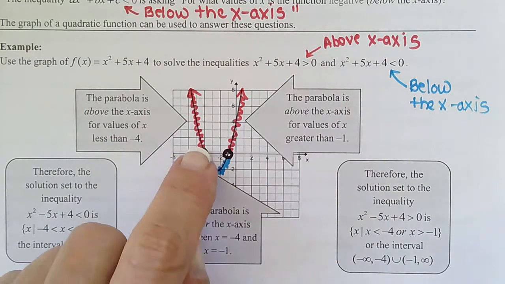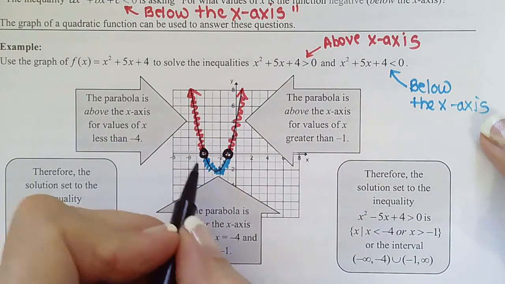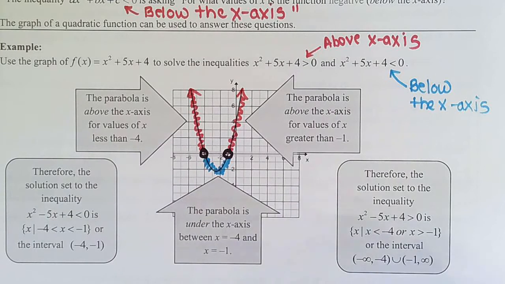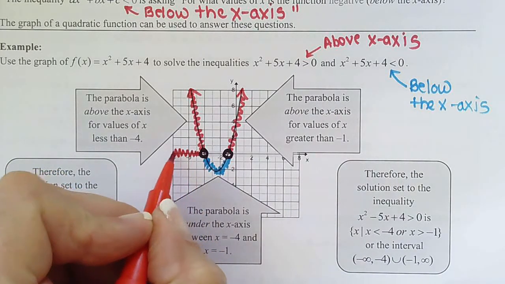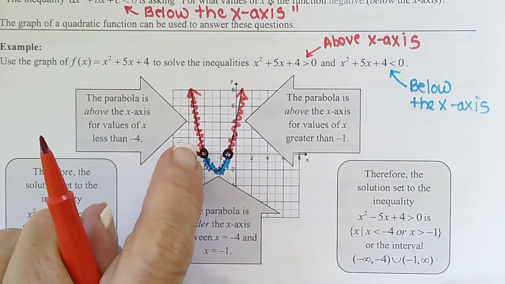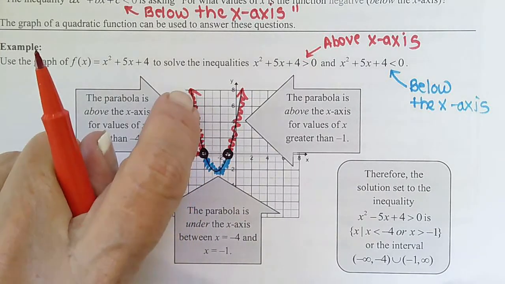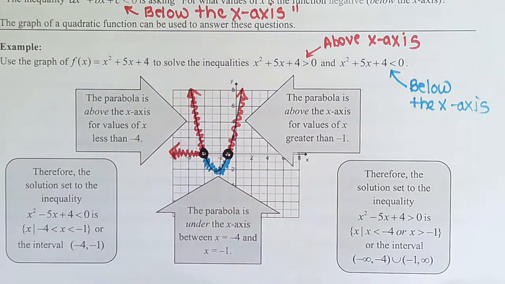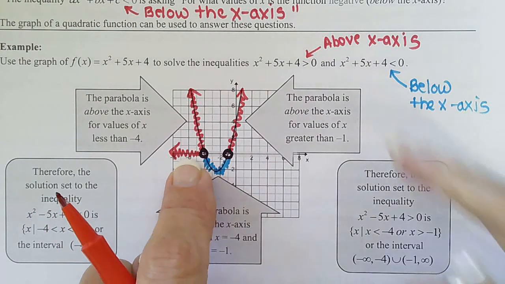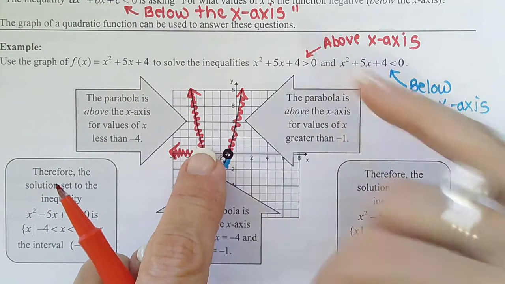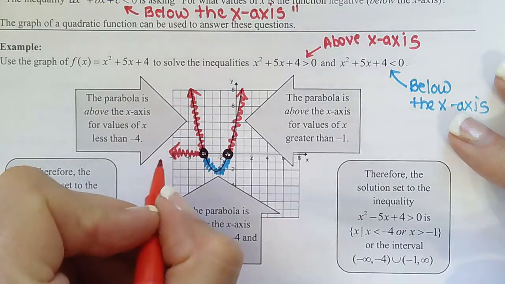That would be all these x values. Does everybody agree? Because this x is going to go with that, this x is going to go with that, this x is going to go with that. So all these x's are when the graph is above the x-axis. So how do I name all those x's?